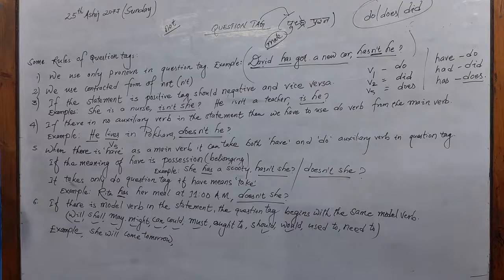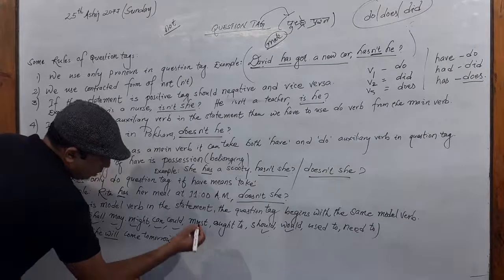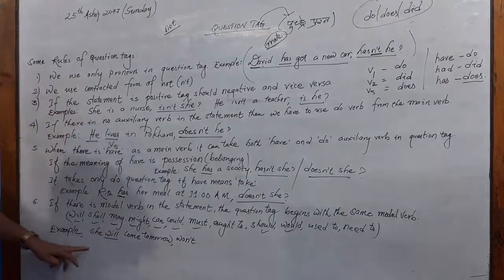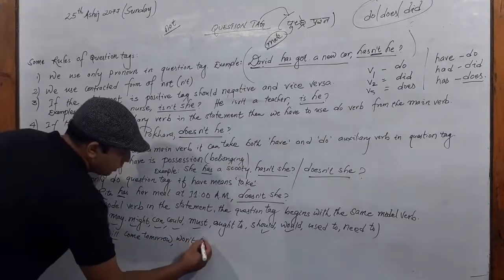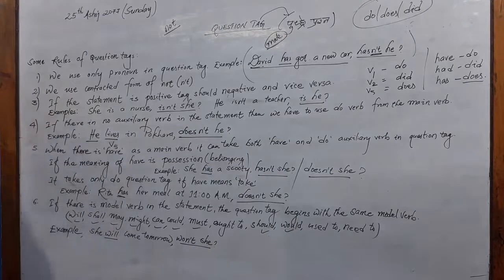She will be there. If there is will, then will not makes will not. The contraction or contracted form of will not is won't. And pronoun is she itself. Finished.